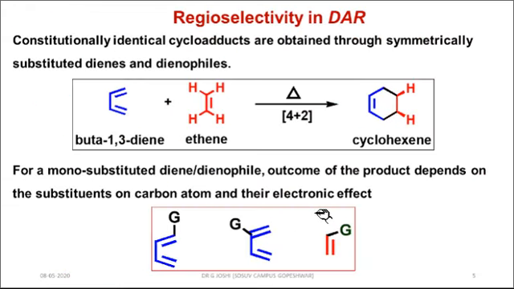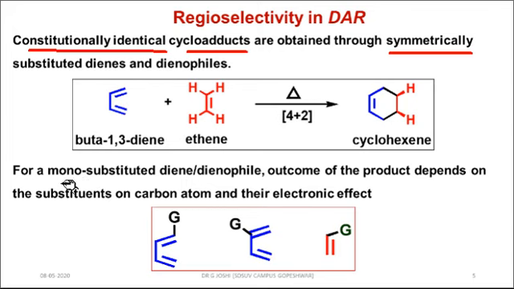Coming to the regioselectivity in Diels-Alder reaction, depending upon the substituent on monosubstituted diene and dienophile, the regioselectivity of Diels-Alder reaction can be discussed. For an unsubstituted diene or dienophile, these we can call symmetrically substituted diene or dienophiles. We can have a constitutionally identical cycloadduct.